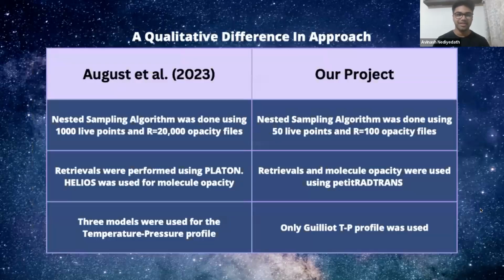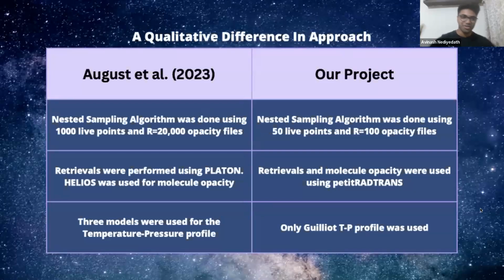So a qualitative difference in approach. According to the paper, August had done a nested sampling algorithm using 1,000 live points, with a resolution of 20,000 opacity files for their molecular opacity, whereas in ours we had to use 50 live points because we had to run it on a single core processor.